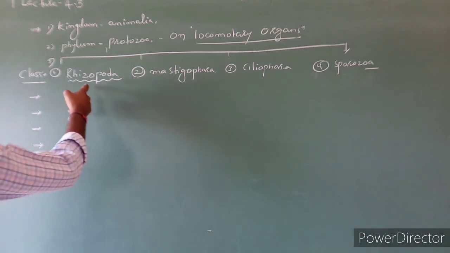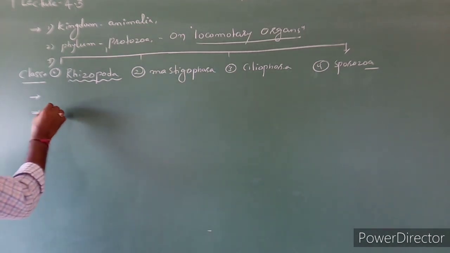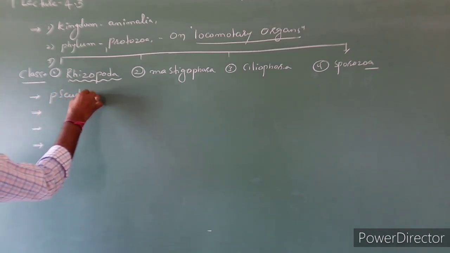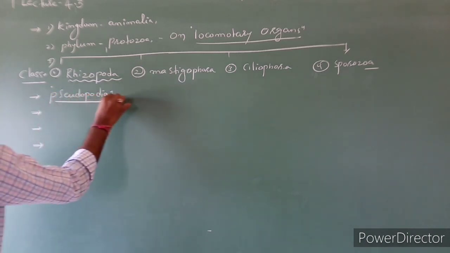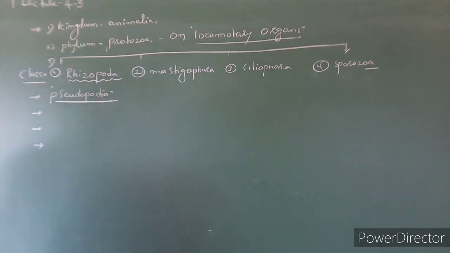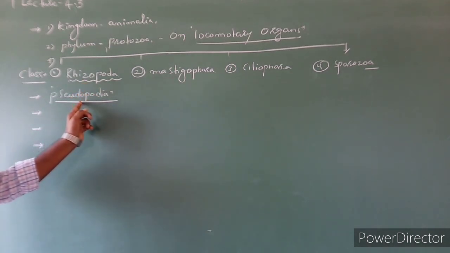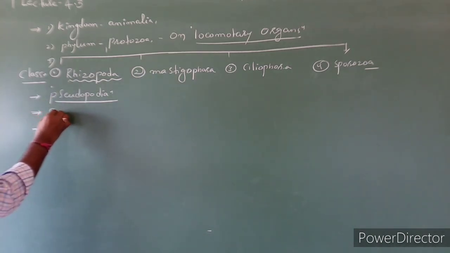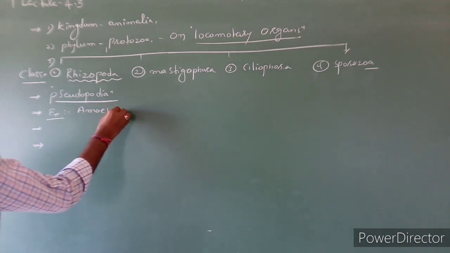The first one is Rhizopoda, in which the locomotory organ is pseudopodium. You know that it is a false foot. Clear? Example is amoeba.